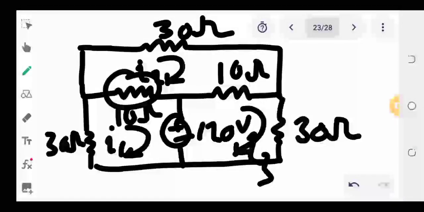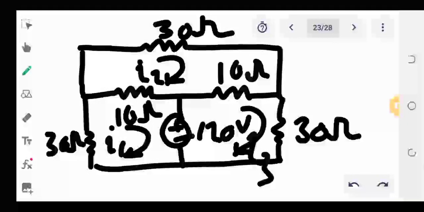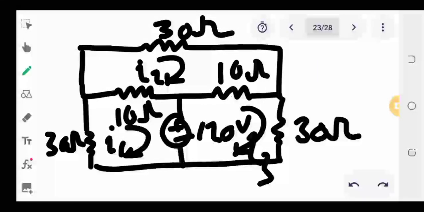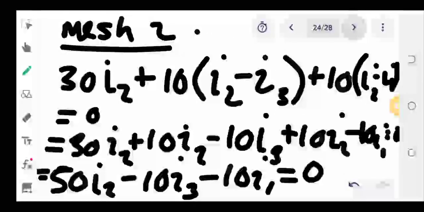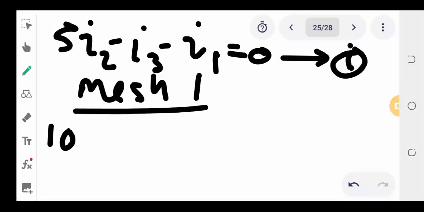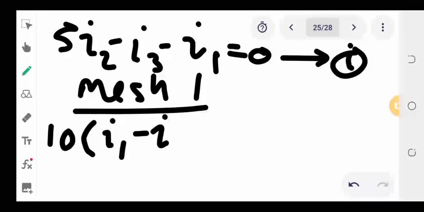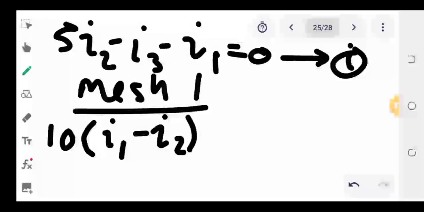Here is our 10 ohm resistor. Then we have the 30 ohm resistor and the voltage source within this mesh. So in this case, we can write the equation. We say we have 10, with the two currents opposing there, I1 minus I2, plus 120.